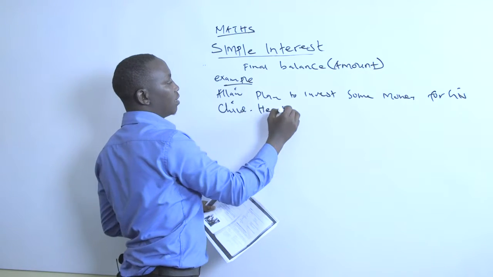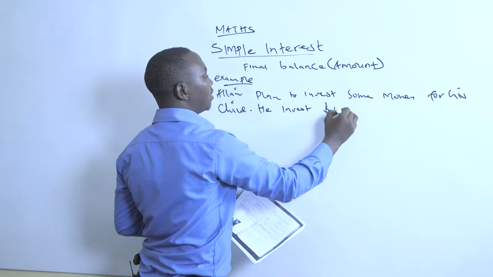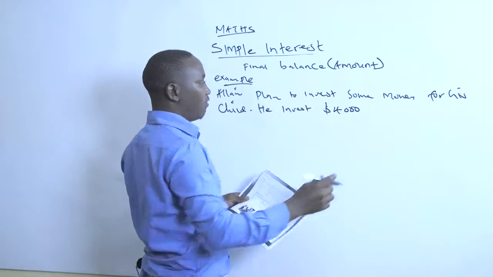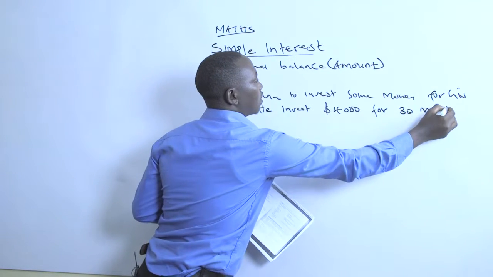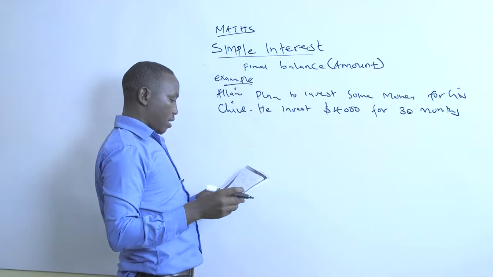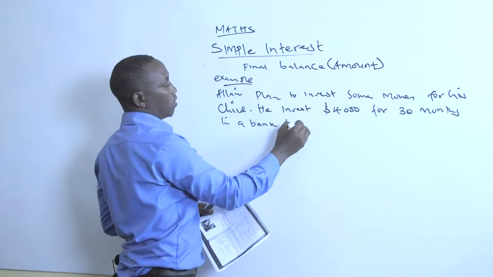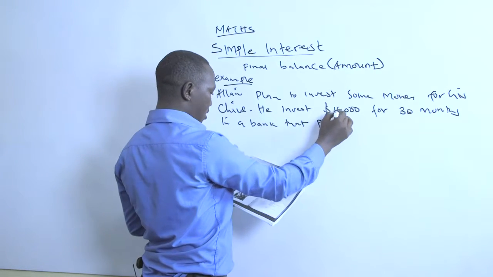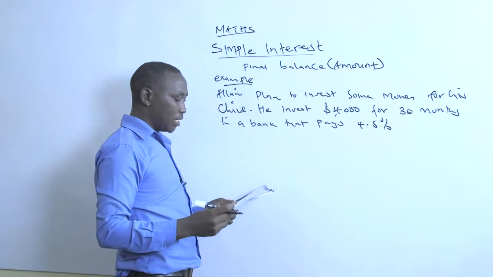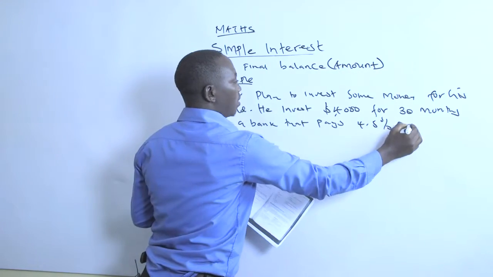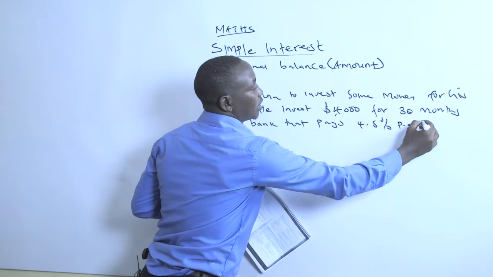He invests $4,000 for 30 months in a bank that pays 4.5% per annum simple interest.